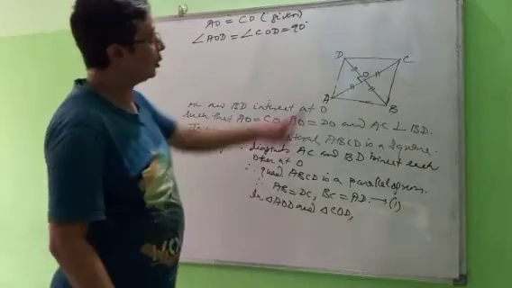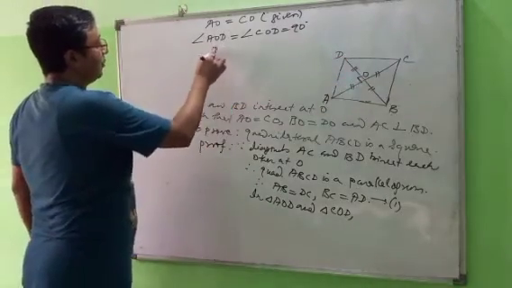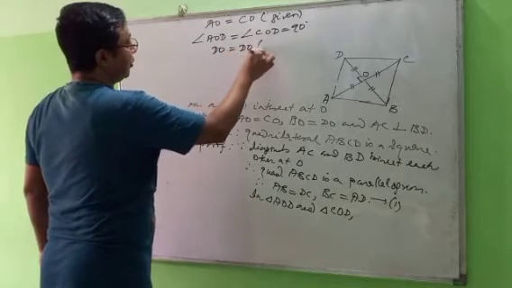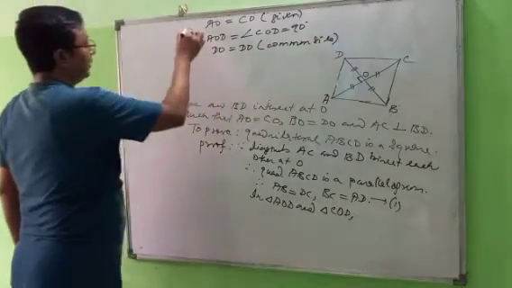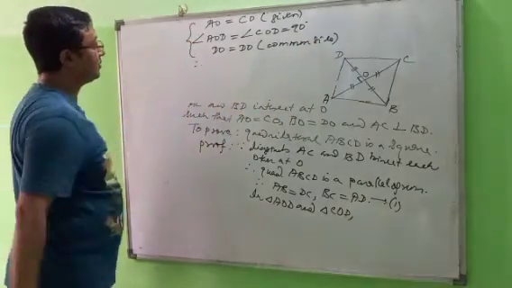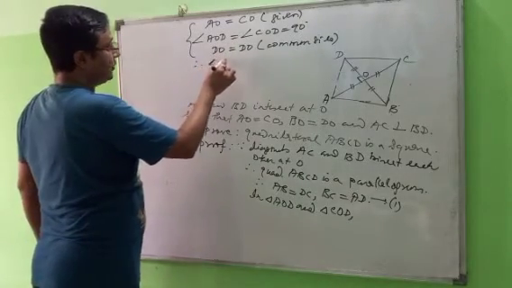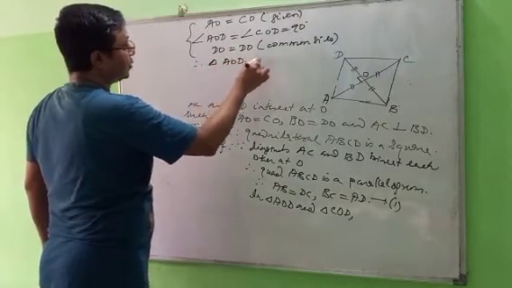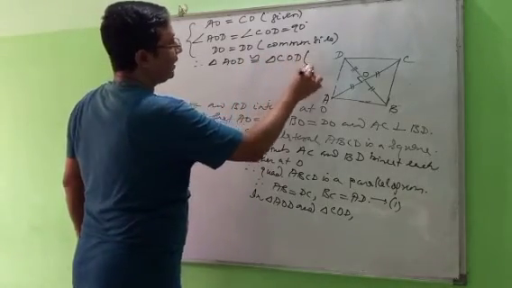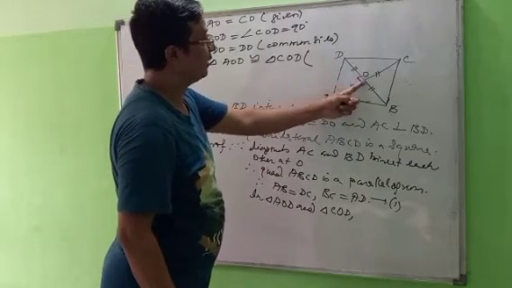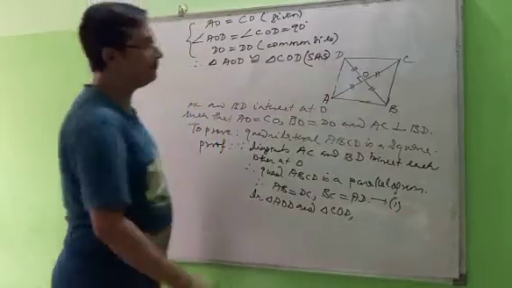Then you have the common side DO, so DO equals DO. As you got the three conditions, therefore triangle AOD is congruent to triangle COD by side, angle, side. By SAS the triangles became congruent.